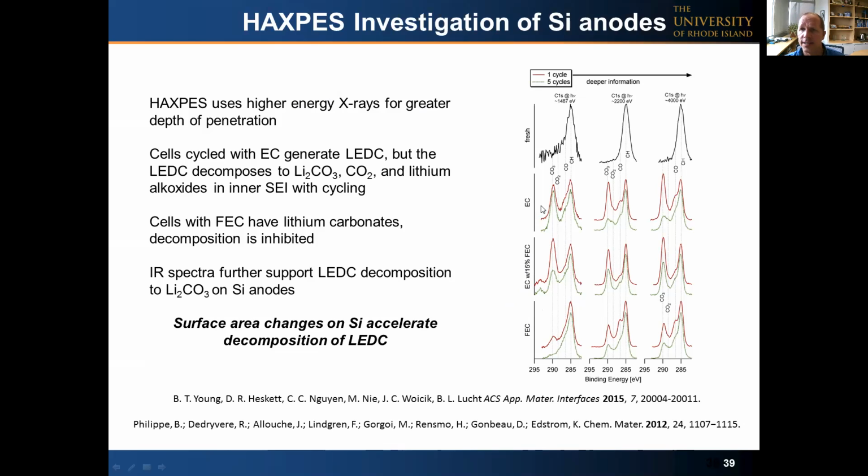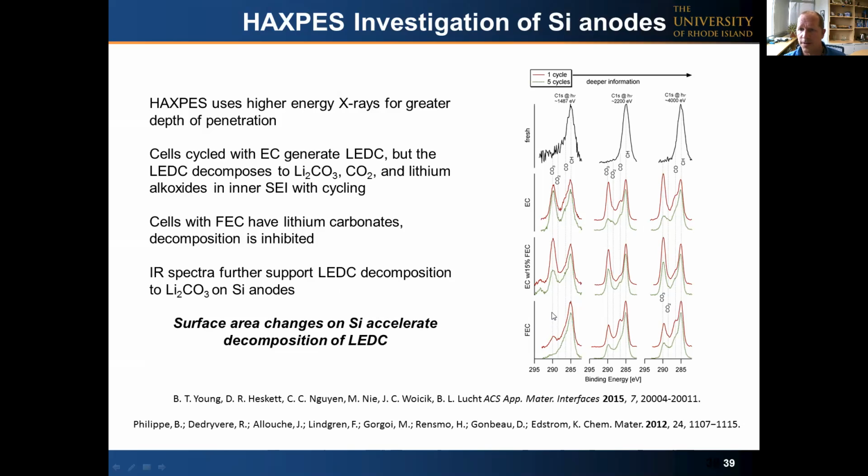What we see with the EC-based electrolyte, after the first cycle, is basically lithium ethylene dicarbonate throughout the entire depth of the SEI. However, after 5 cycles, we only see the lithium ethylene dicarbonate on the outside, while on the inside, clearly the lithium alkyl carbonates have decomposed to generate lithium carbonate and lithium alkoxides and other species.